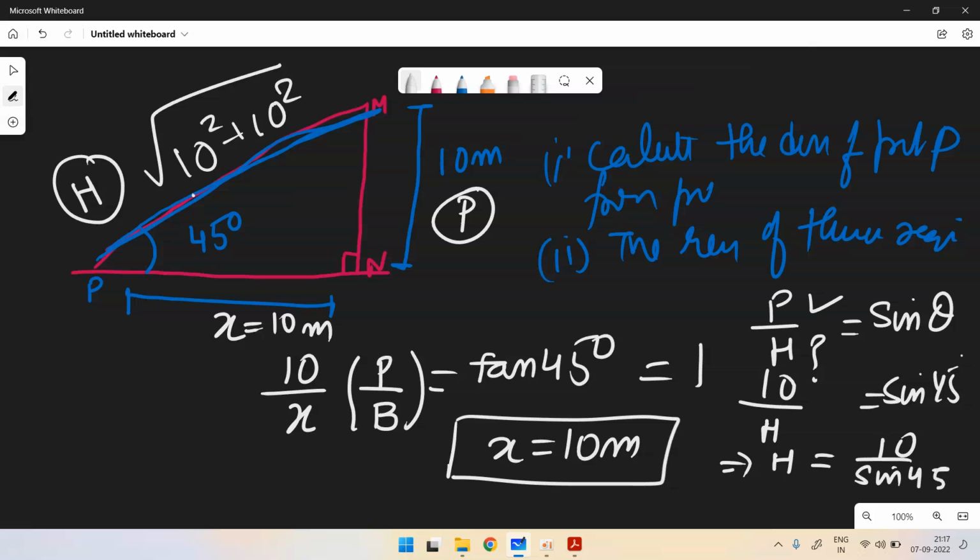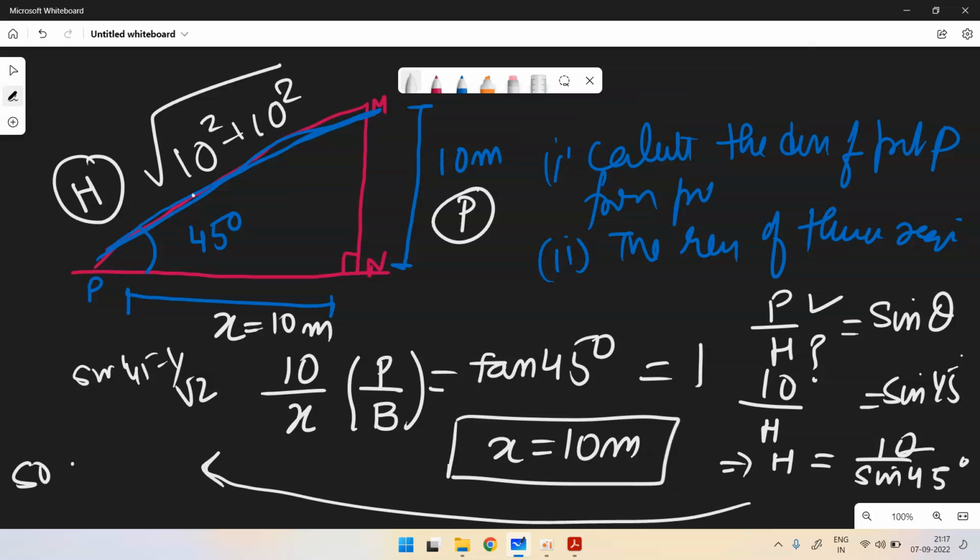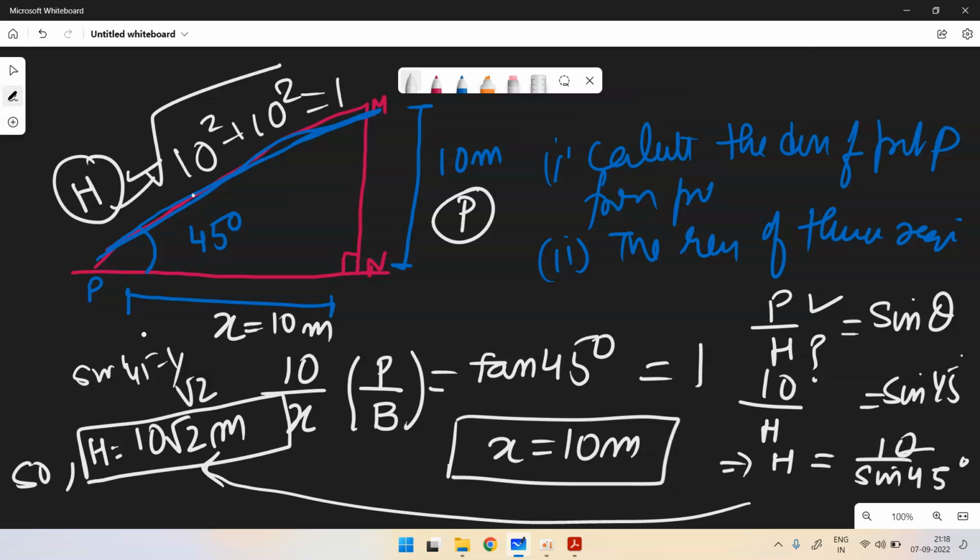Now sine 45 is 1 by root 2. So 1 by sine 45 is root 2, so this is 10 root 2 meters. Even from here you can see that this is ultimately 10 root 2 meters.